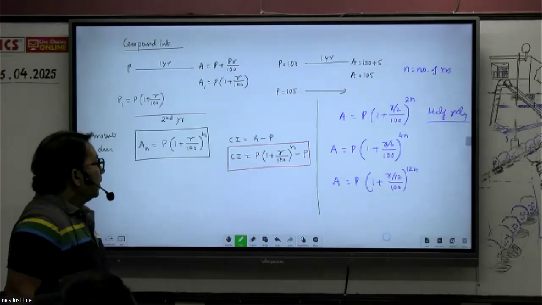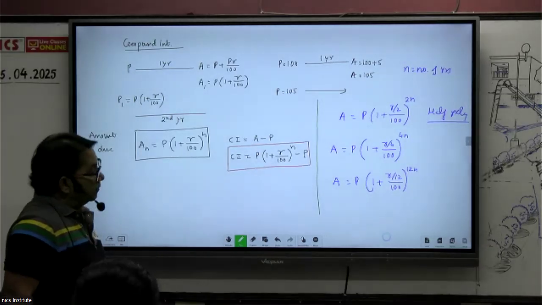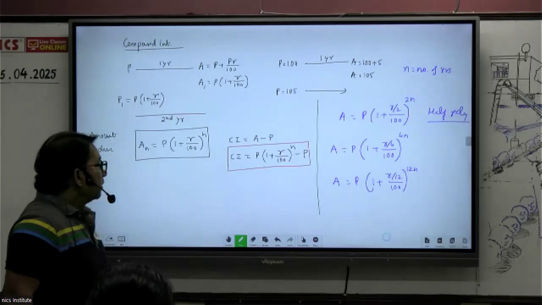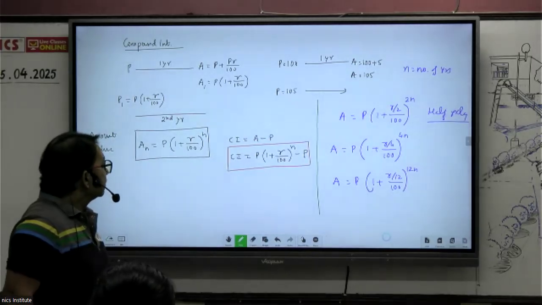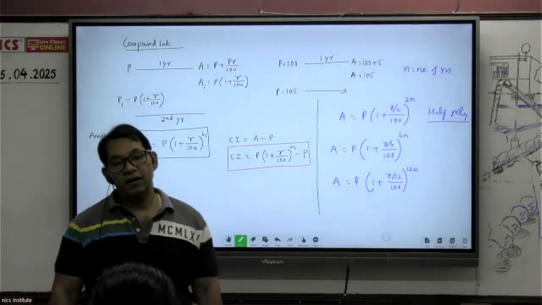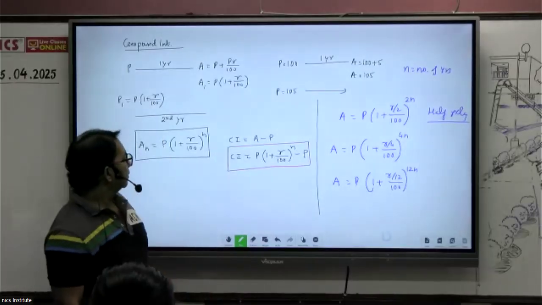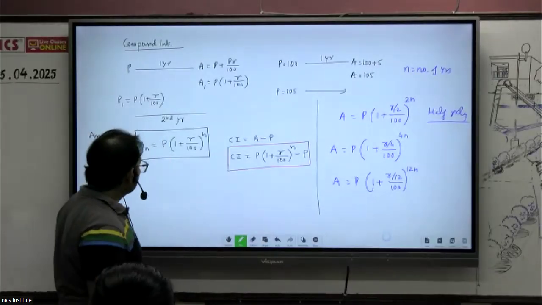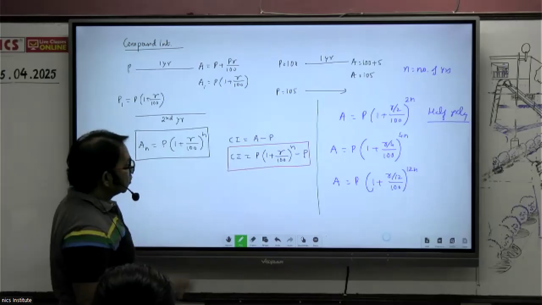So the more frequent the compounding, the higher the amount of interest. Lesser compounding, less interest. In compound interest, every year the amount for interest changes, because whatever interest is there is also added to the principal.